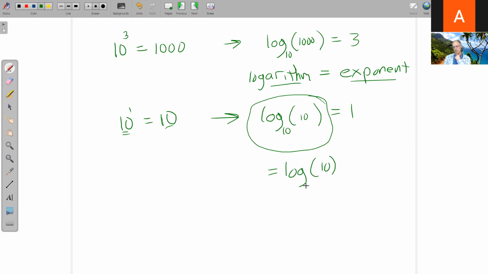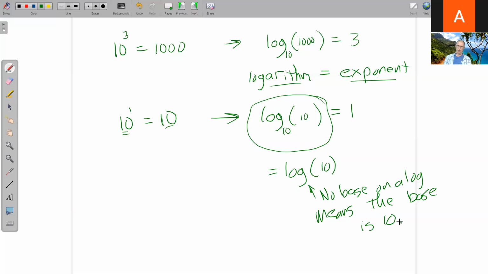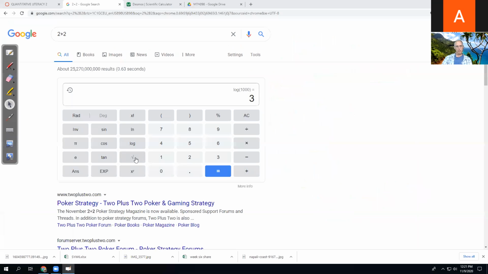So if there's no base, we assume it's 10. Let's make a note of that. No base on a log means the base is 10. So on my calculator, if I type log 10, close parentheses, calculator says, answer is 1.